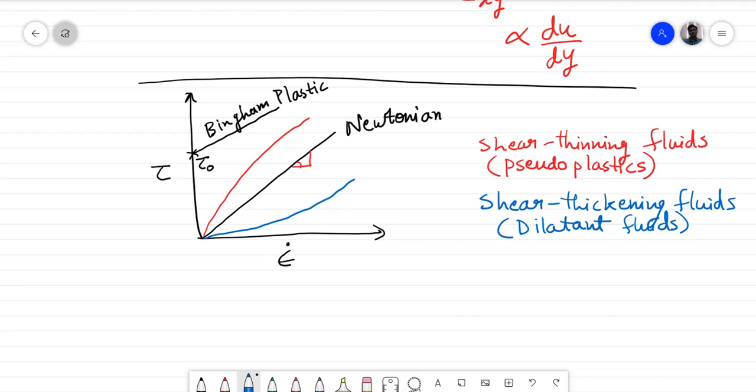So if you are applying a small stress, then the viscosity is small. If you apply a large stress on the fluid, the viscosity also becomes very high. So these are known as dilatant fluids. I'll write the example here. Cornstarch paste.